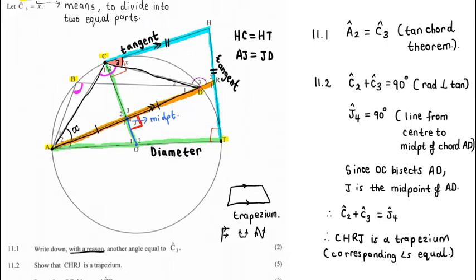Simply by congruency. You can see here you've got this common side, this length CJ. You also have that in each of these triangles you've got 90-degree angles, so you have angle J2 and J3 equal to 90 degrees. And you also have that these side lengths are equal.